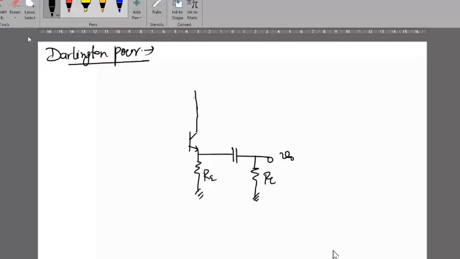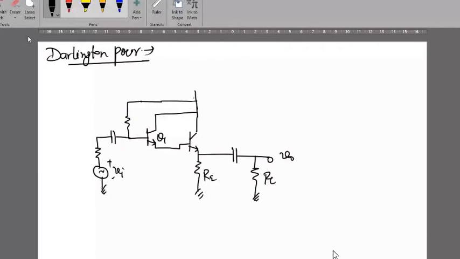Do you remember? This is transistor Q1, this is transistor Q2.